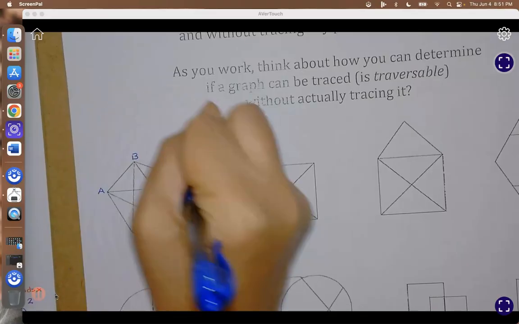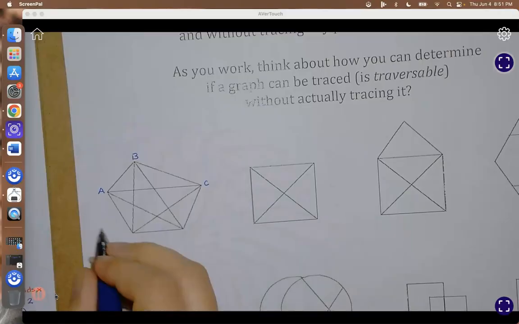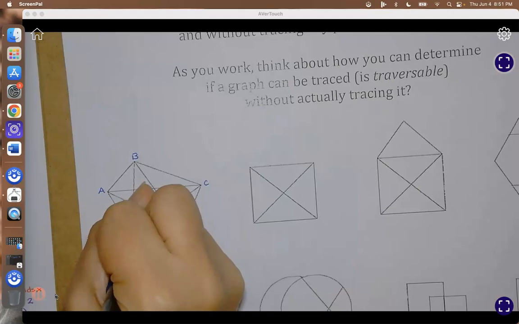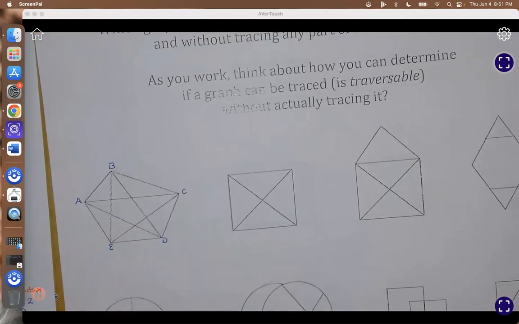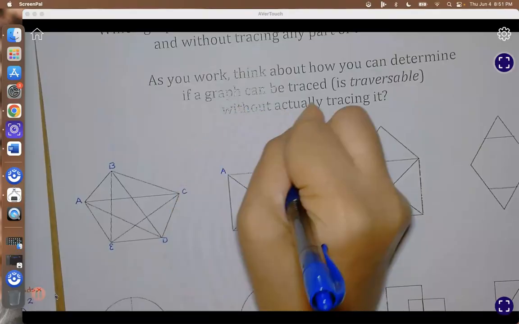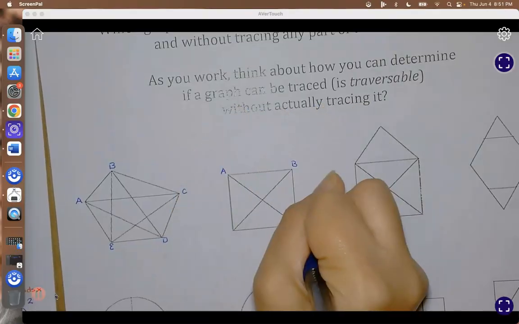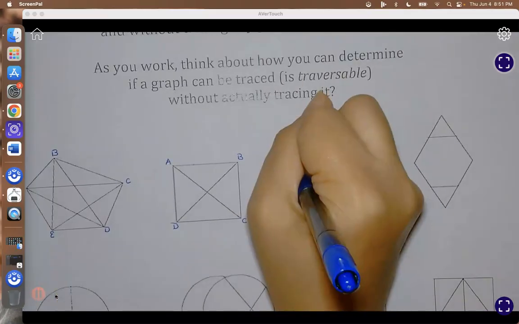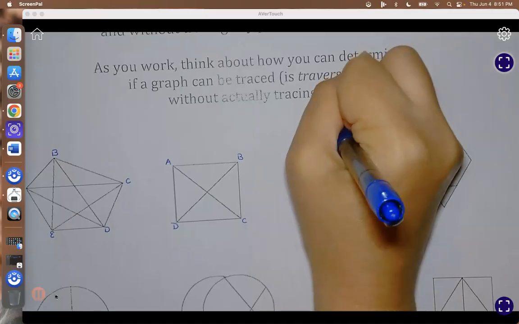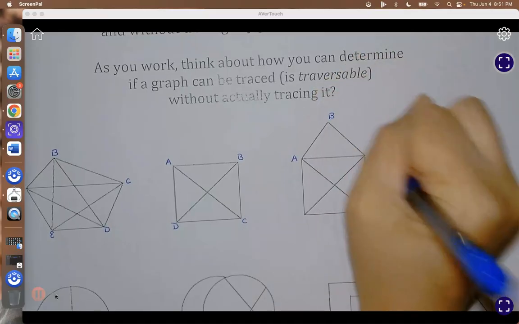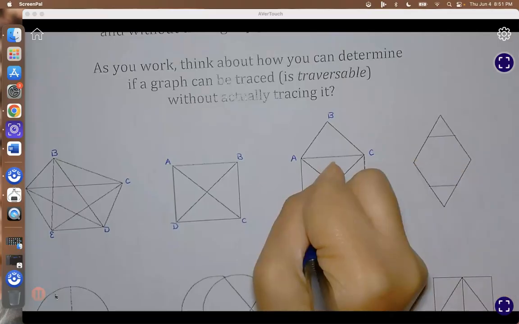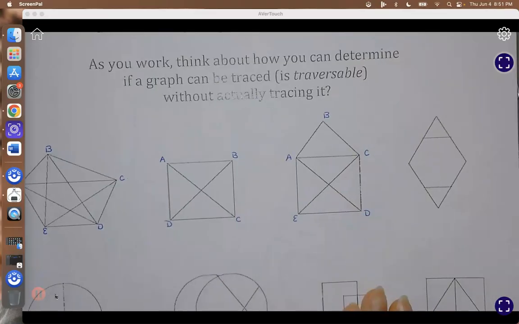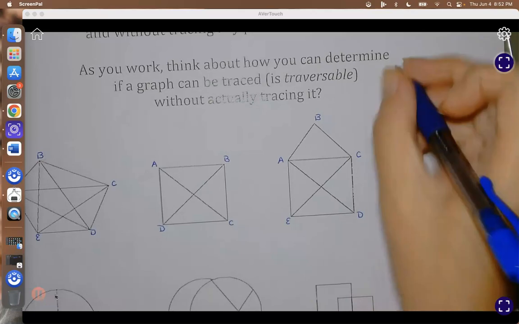It really doesn't matter which order, but I try to go in a clockwise rotation. A, B, C, D, E. And that crossing is not going to be a vertex, that's just where those 2 lines happen to cross over.